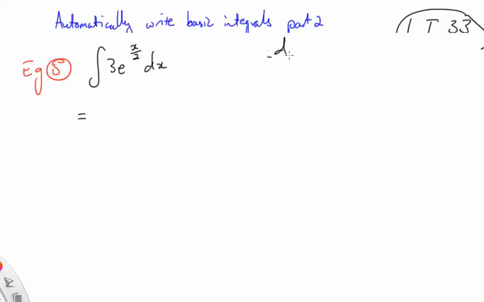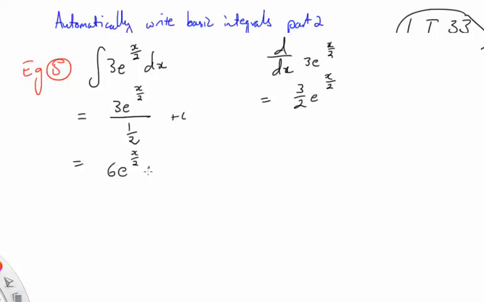So if I had d dx of 3e to the x on 2, you'd be laughing because you're just like, oh, it's half times that. So you took the coefficient of x and you times it by that. Here you take the coefficient of x, which is a half, and you divide by it. Plus c, and that becomes 6e to the power of x on 2 plus c.